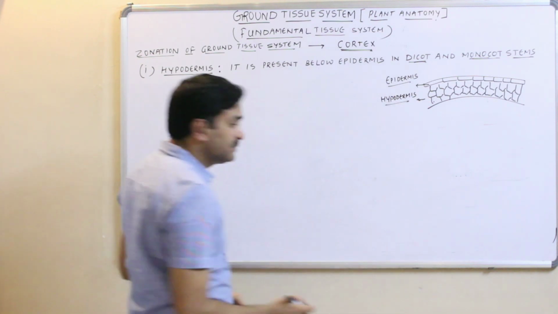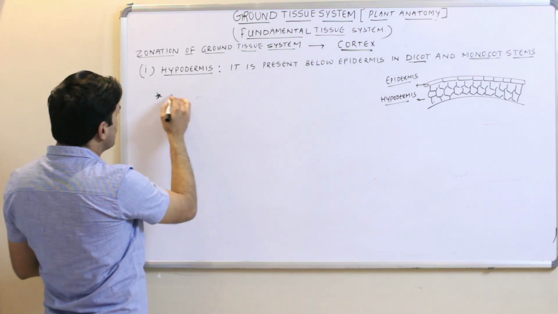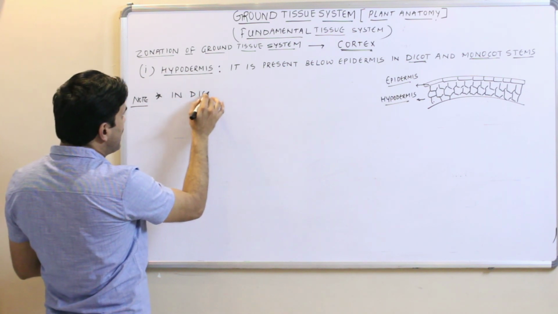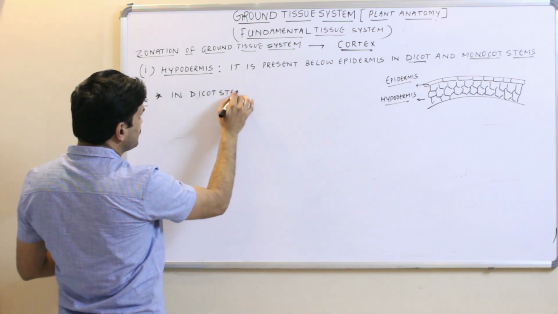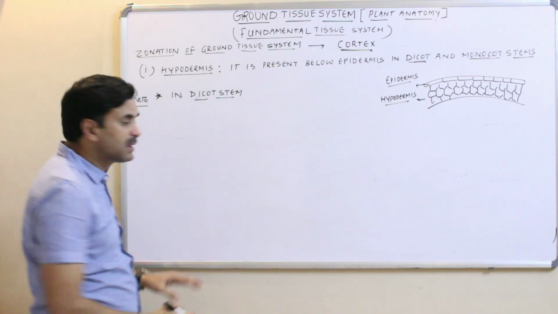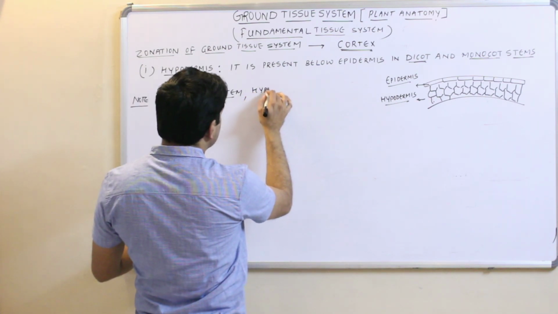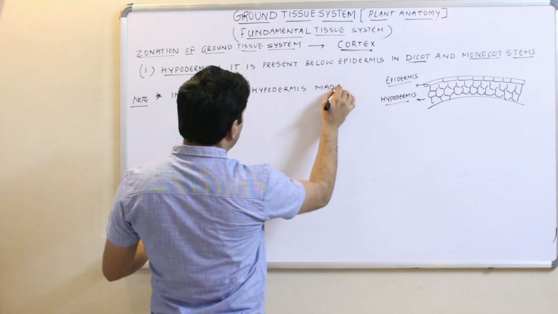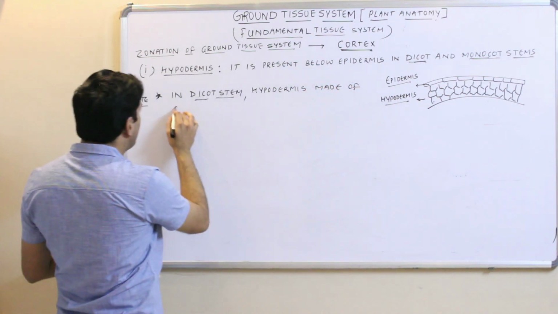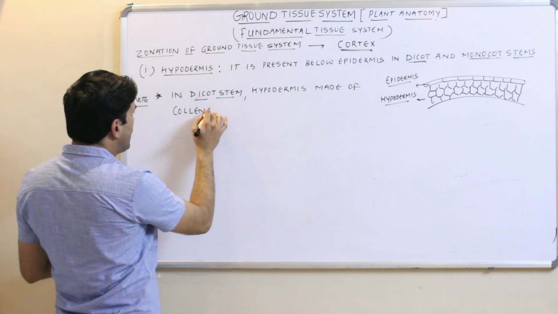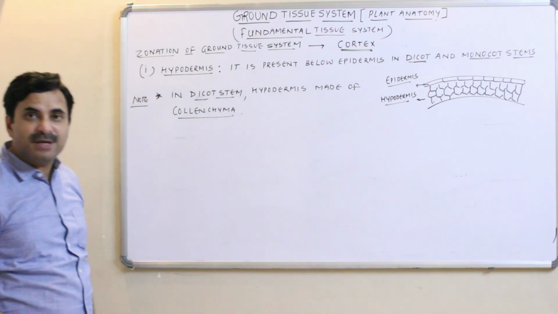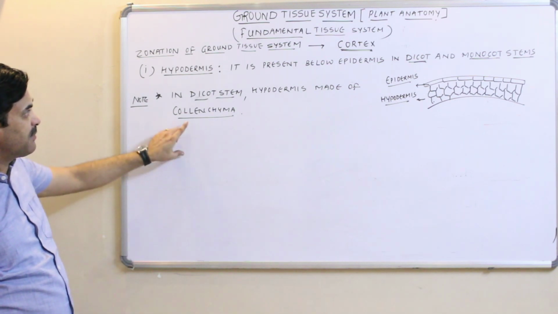Now always remember that I am putting a note here, very important. In dicot stem, hypodermis is made of collenchyma.